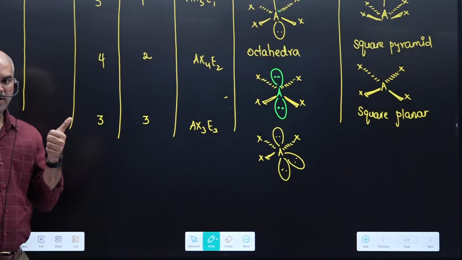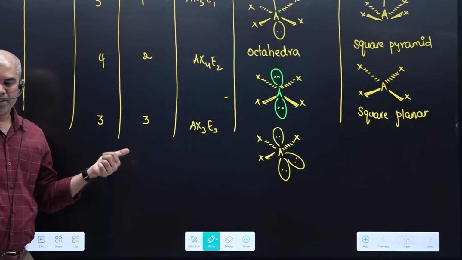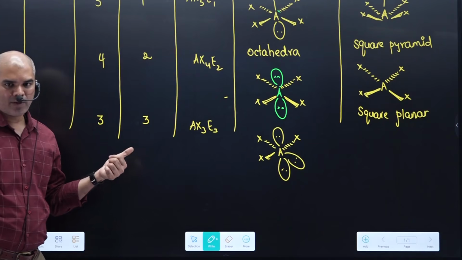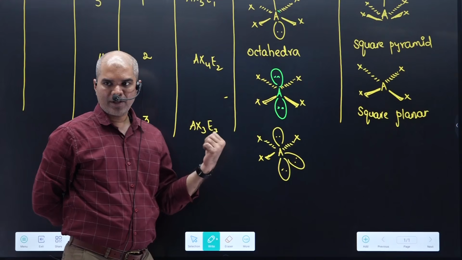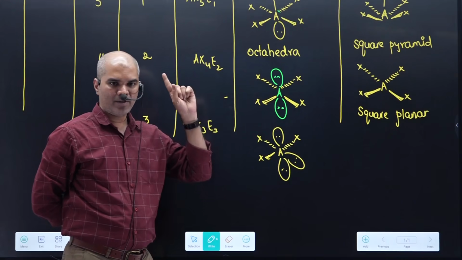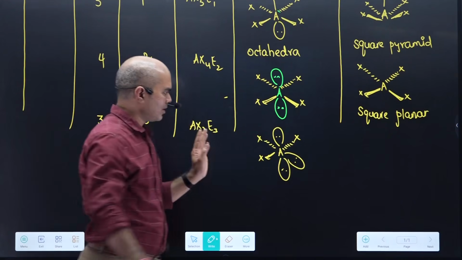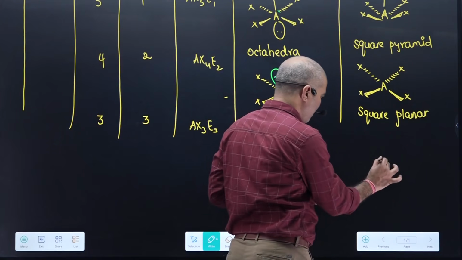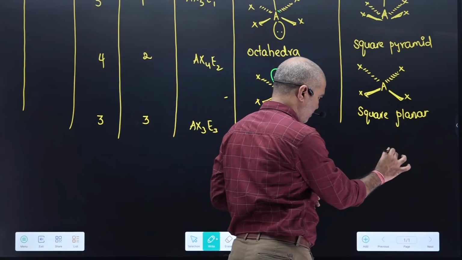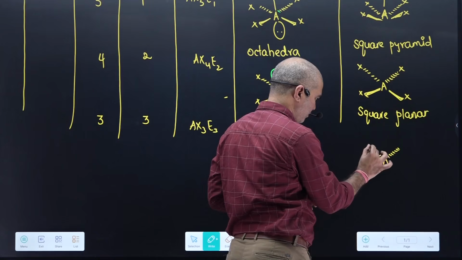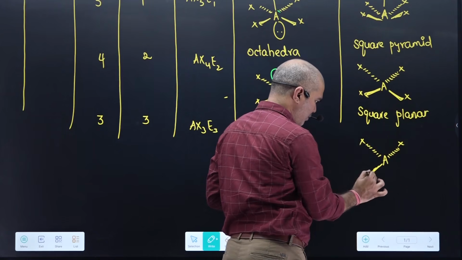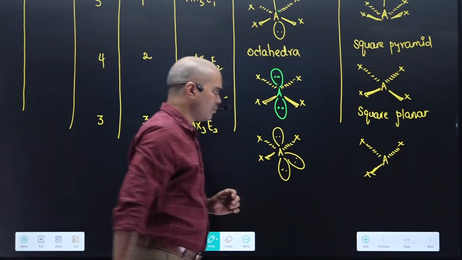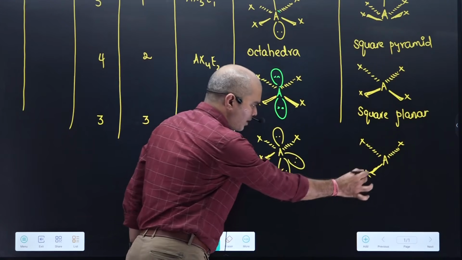You have facial and meridional. This is generally taken as meridional, not facial, because in facial the repulsions will be more, and in meridional the repulsions will be less. This will come in your coordination chemistry, don't bother. This could be the possible geometry. So there is no description for this geometry because it is not possible, so don't write any geometry.